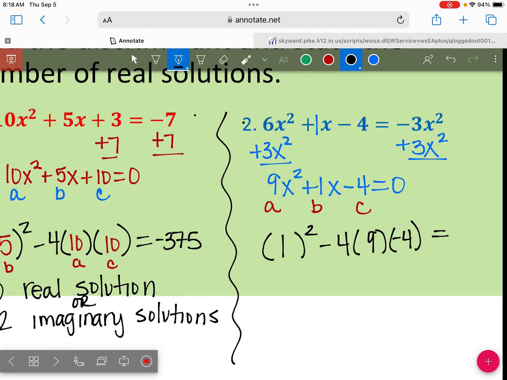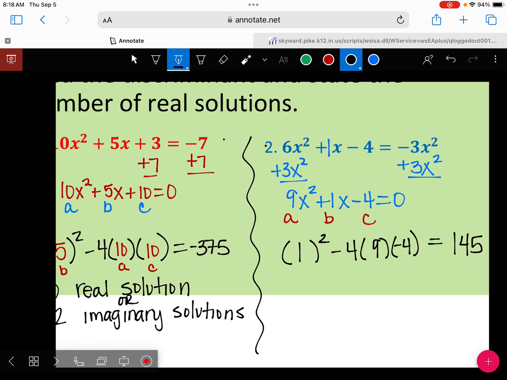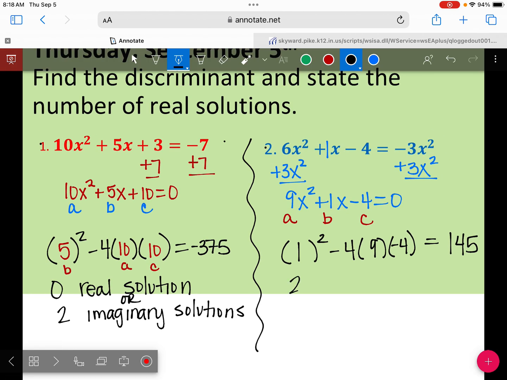Sean, what did you get? Nothing? Anybody get something? Positive 145. Because it's positive, what does that mean? 2 real solutions.